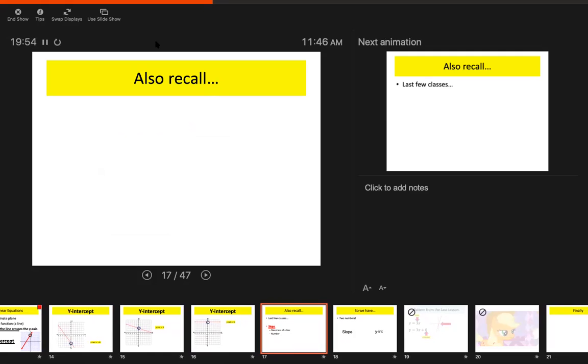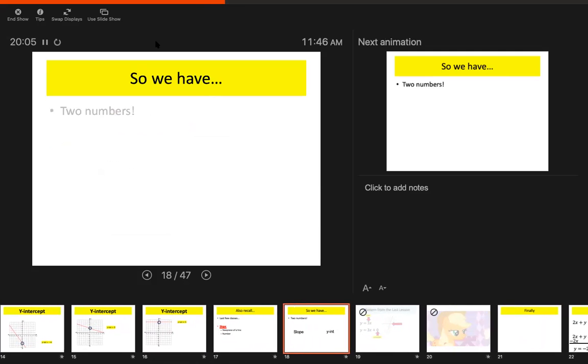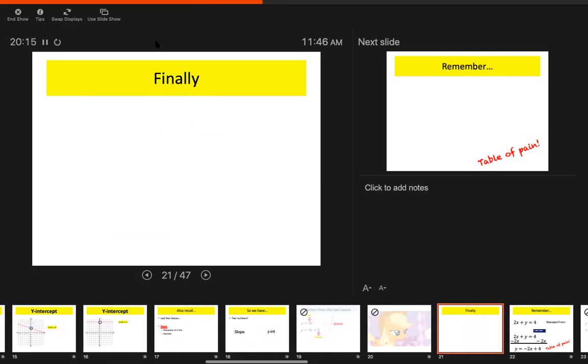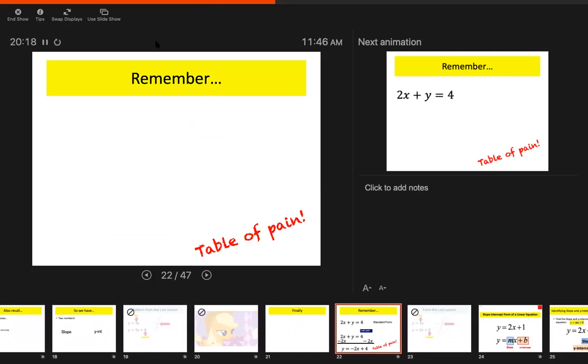We did slope, the steepness of the line. It's a number. So we have two numbers now. The first one is your slope, and the second one now is your y-intercept. They're two numbers. Finally, let's put them together.